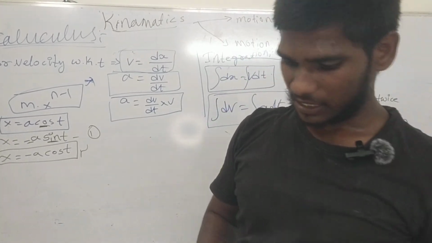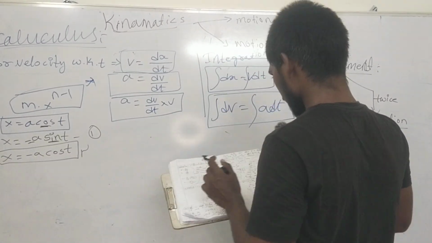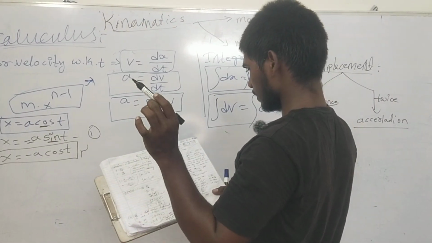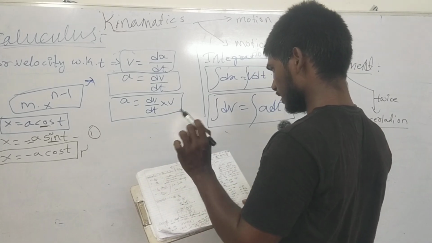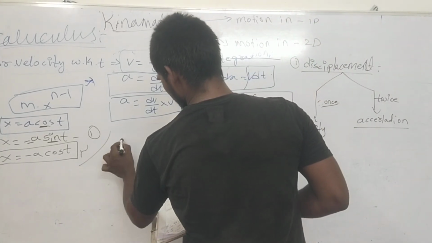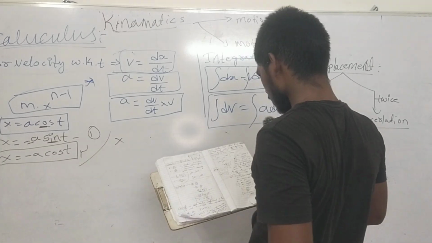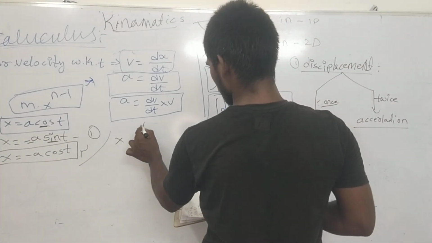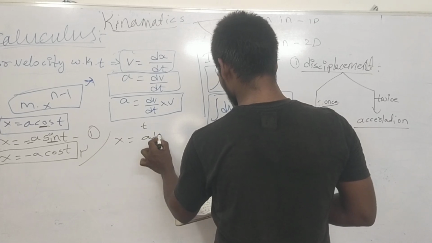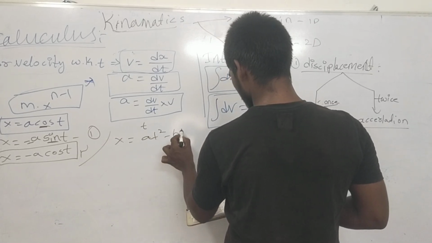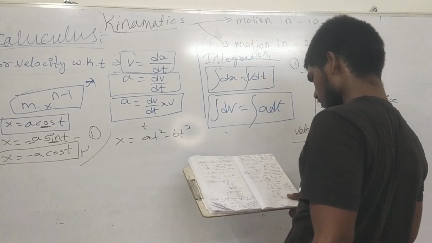Next question: the position x of a particle varies with time t as x equals a t square minus b t cube.